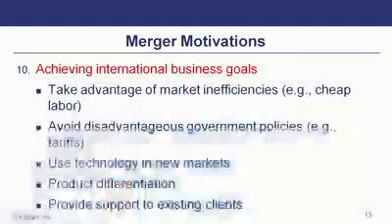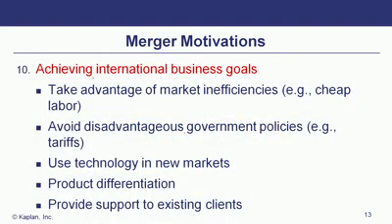Okay, so achieving international business goals. I think this has become something that occurs with greater frequency, and probably with good reason in many cases. There can be market efficiencies that you want to exploit, so we want to be able to produce in some country with cheap labor, those types of things.